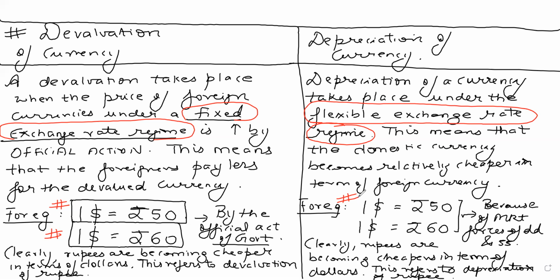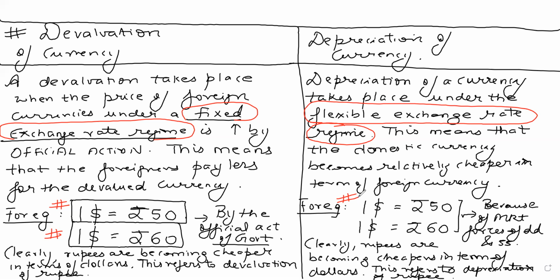So that is why governments of some of the economies knowingly devalue their currency, so that their currency becomes relatively cheaper and foreigners are buying goods or services from their economy, thus improving their balance of payment situation. Okay, so hoping that students have understood the difference between devaluation and depreciation.